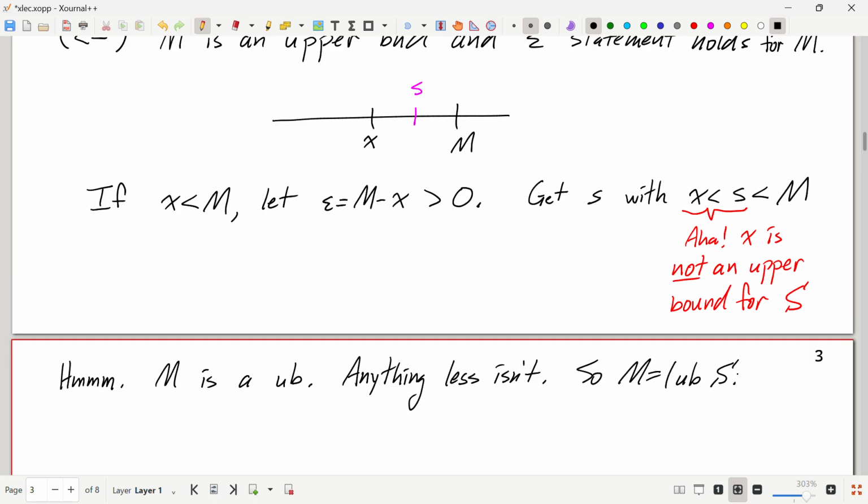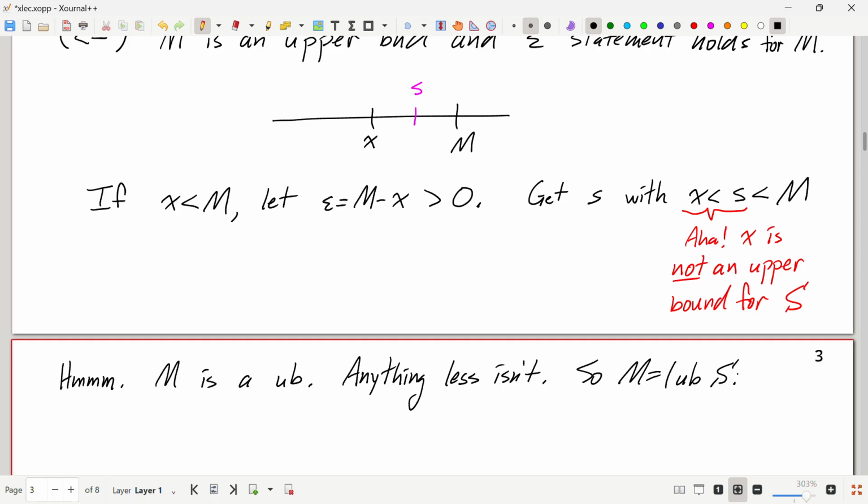Anyway, it takes some effort to get used to this line of reasoning. And when you did geometry in junior high, it was kind of a fun game to play. This is taking that into the realm of real numbers.